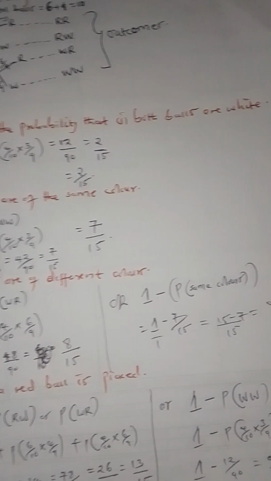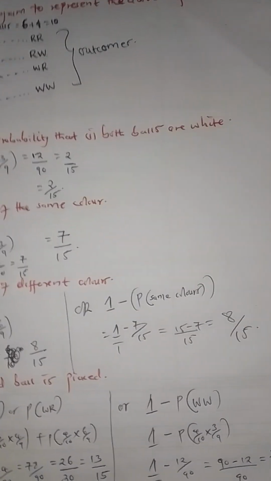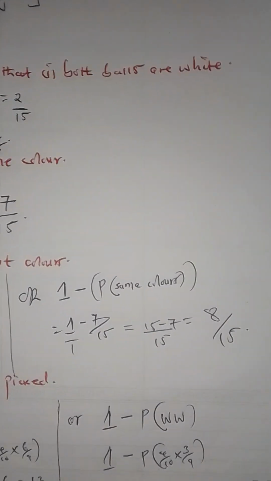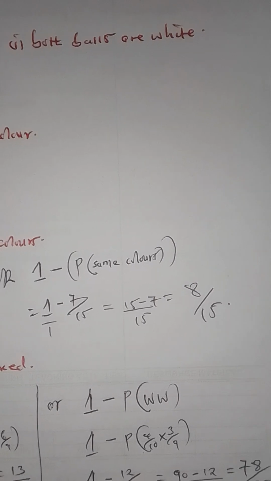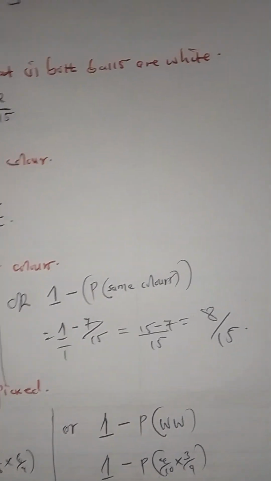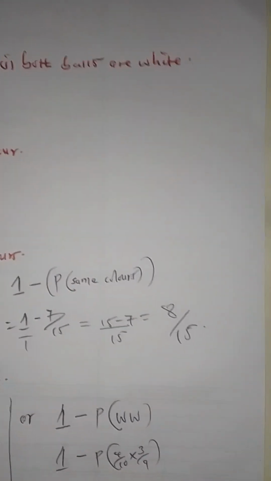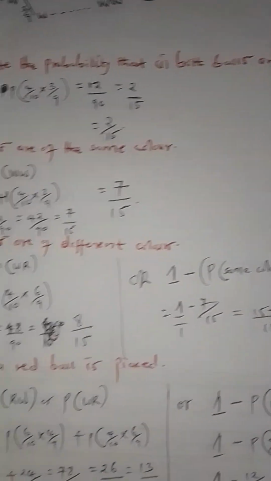Because the total probability of the maximum is 1, 1 minus the probability of the same color will give us the probability of different color. And that is 1 minus 7 over 15, which gives us 8 over 15.